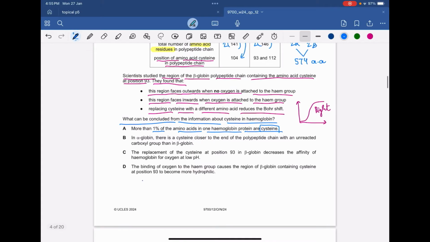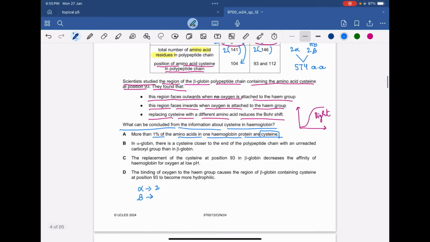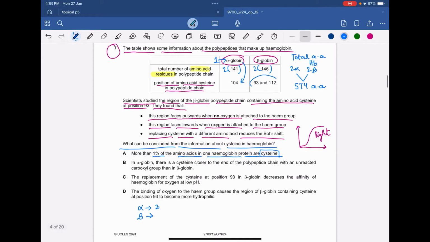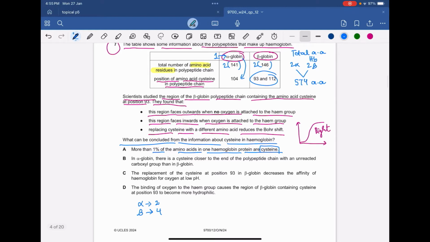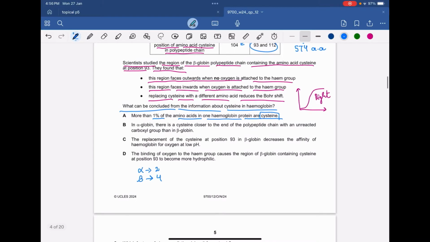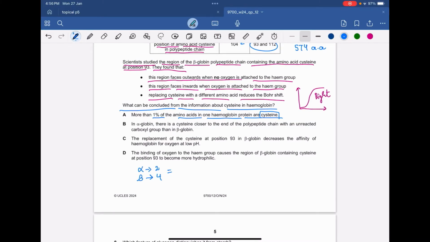So the alpha globin chains have 2 cysteine amino acids, and the beta globin chains in total have 4, because there are 2 beta globin chains and 2 alpha globin chains in the hemoglobin molecule. Alright, so the total cysteine amino acids in the hemoglobin molecule are 6, right?